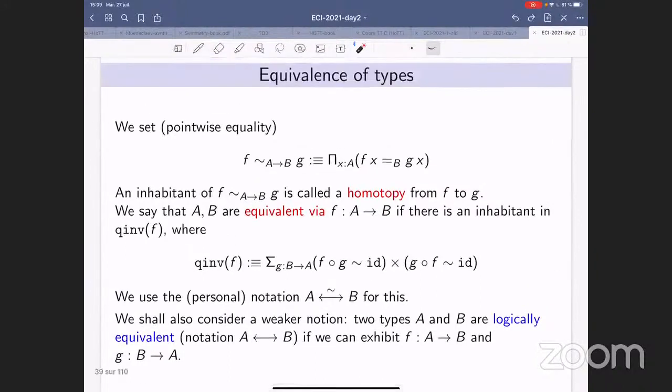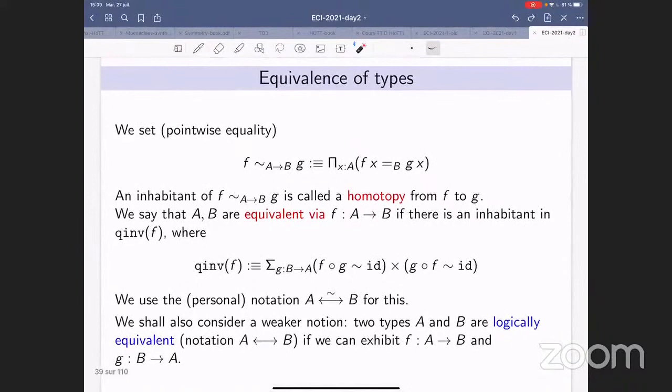So here I'm going to try to define different notions of equivalence that we will use later on. There is a first notion of equivalence, which is called homotopy, because this is exactly the counterpart of two maps being homotopic in homotopy theory.